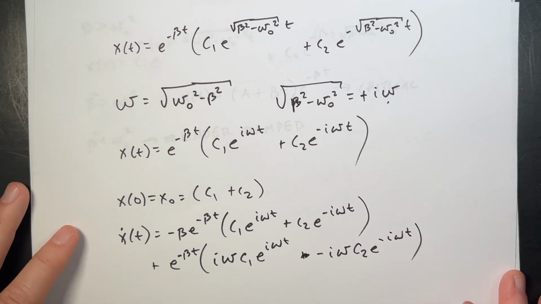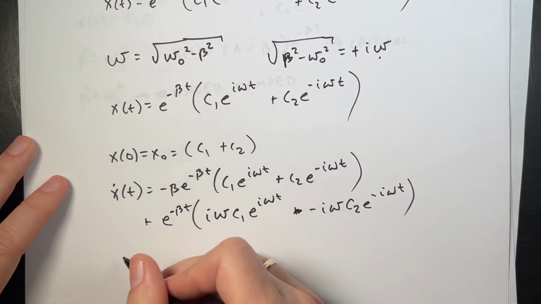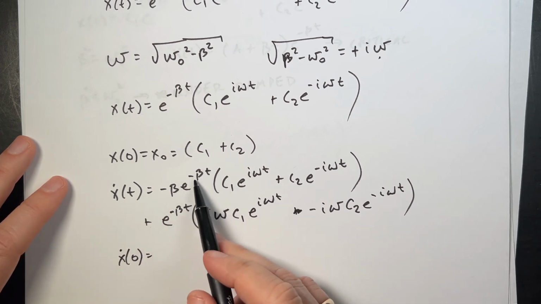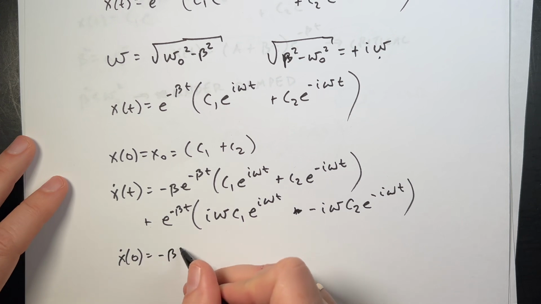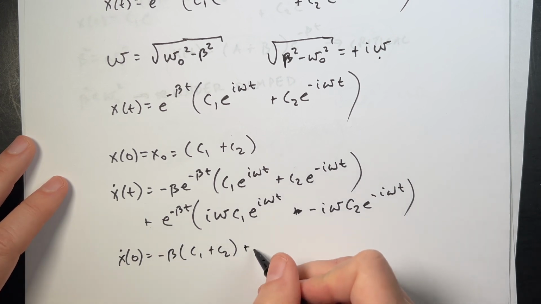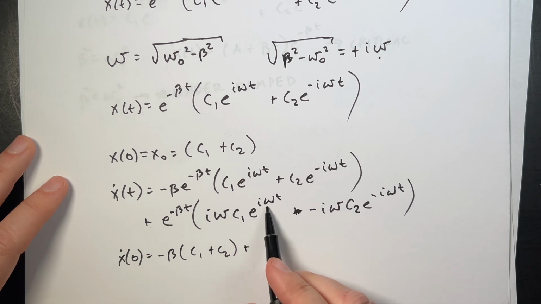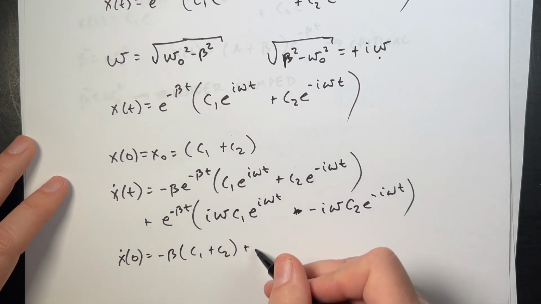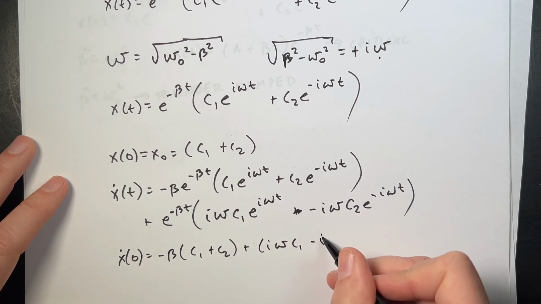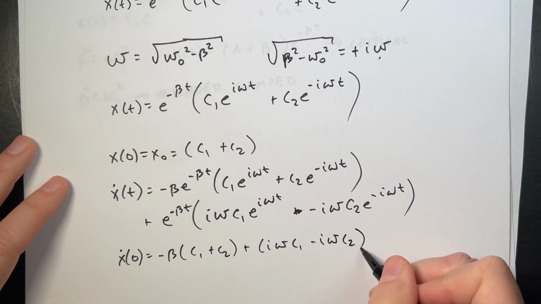Now if I put in t equals 0, x dot of 0 would be equal to negative beta times C1 plus C2, plus I omega C1 minus I omega C2.